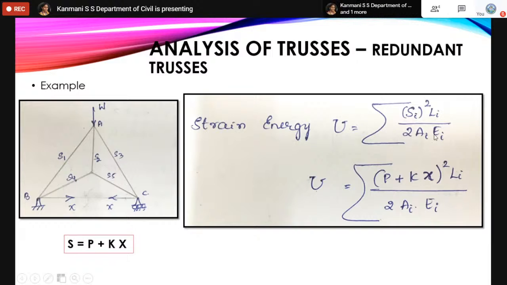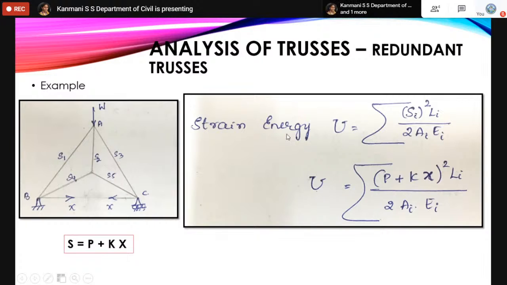This is the basic equation which we got from strain energy equals half into load into deflection. Whereas we had S equals P plus KX, so I have put that formula here.